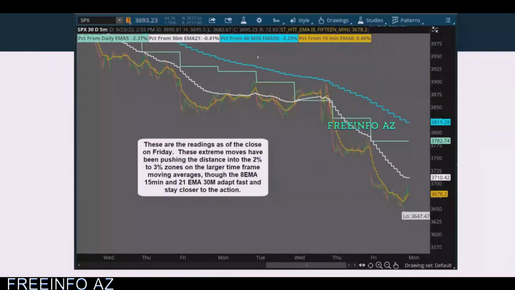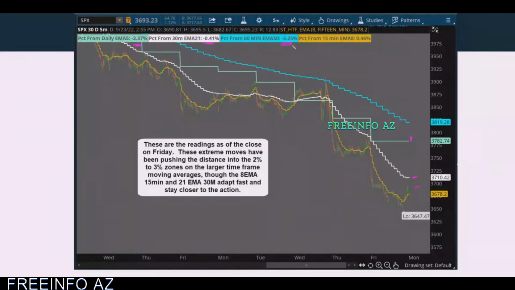Now, this is the update I made with the chart that I shared in the room this morning, on the 5-minute chart. I can now see at a glance that where we closed on Friday, we closed 2.37% away from the daily 5 EMA. We're 0.41% away from the 21 EMA on the 30-minute chart.